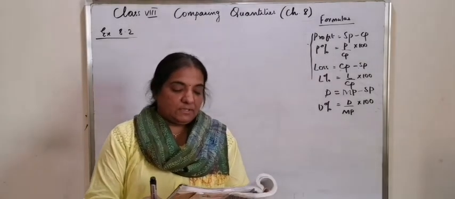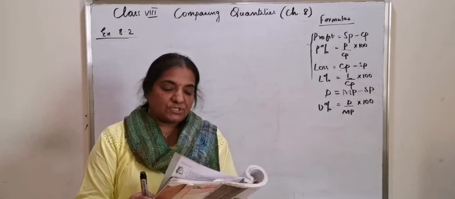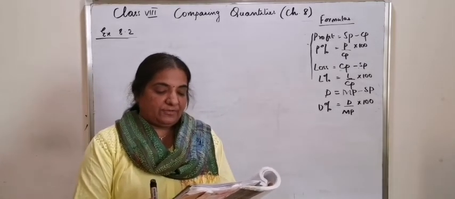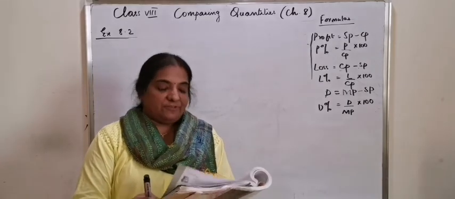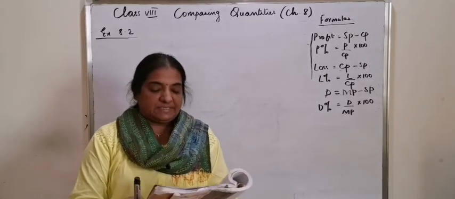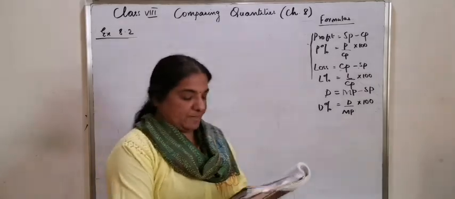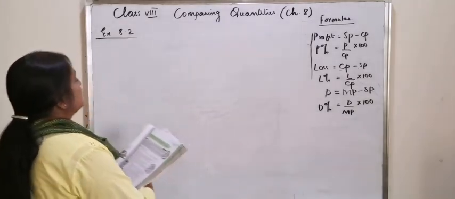Question number 4. The cost of an article was rupees 15,500. Rupees 450 was spent on its repairs. It is sold for a profit of 15%. As I told you, the overhead expenses will be added along with the cost price. So what is the cost price of the article?